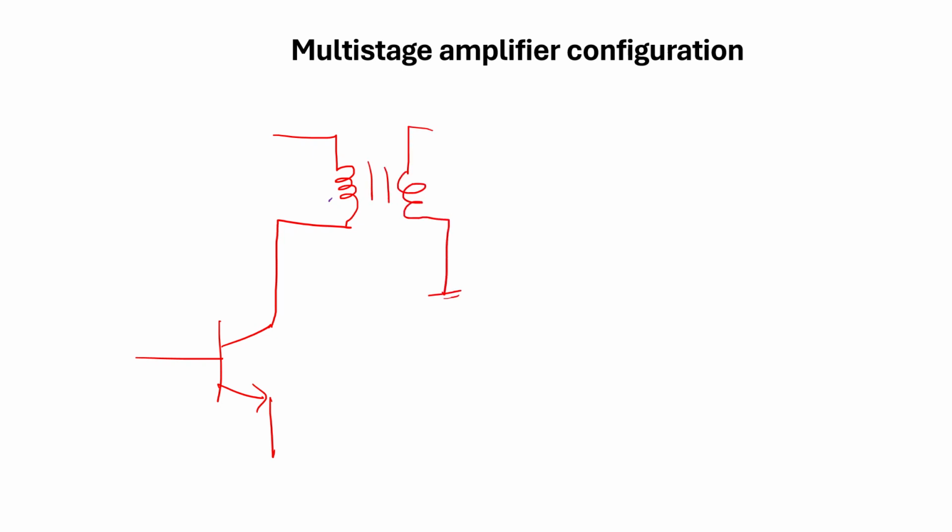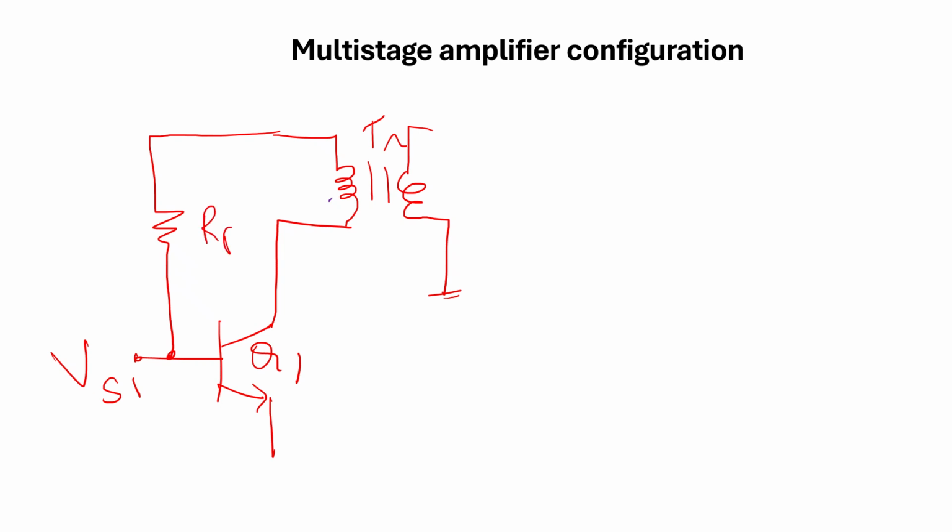Yes, I have a transistor here. The collector terminal is taken and fed to the primary part of the transformer. This is a transformer. The source voltage Vs1 is given to the base of the transistor through RB resistor.